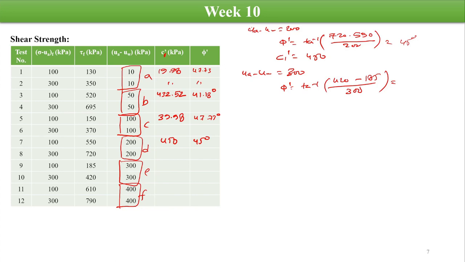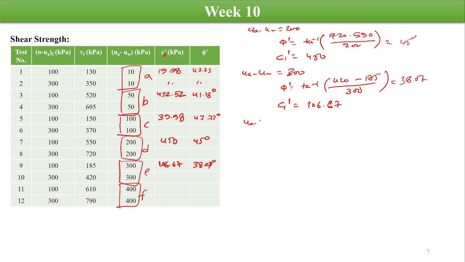So we'll obtain 38.07 degrees. And here we'll get C1 dash as 185 minus 100 times tan of 38.07. It will be 106.67. Kindly cross check if I'm wrong at some point.